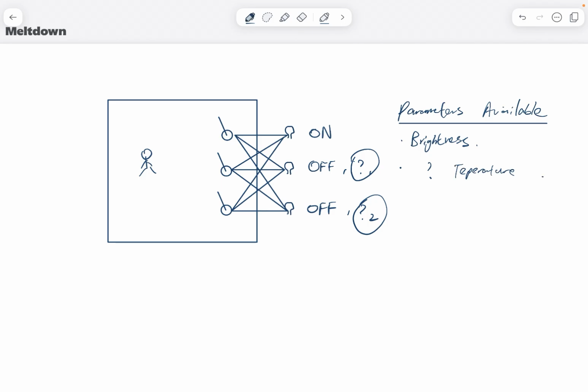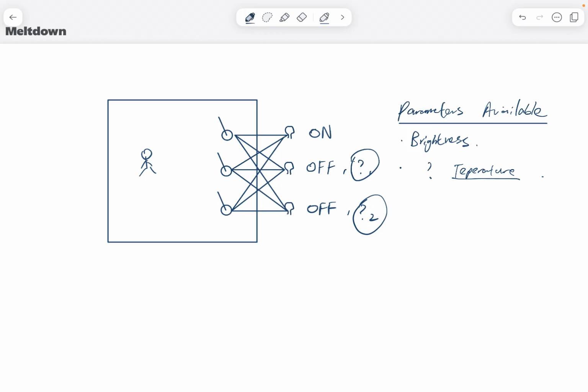So the thing is, you can control the durations of the on and off of the light bulbs and create a difference in temperature, so that you can differentiate the two light bulbs that are off.